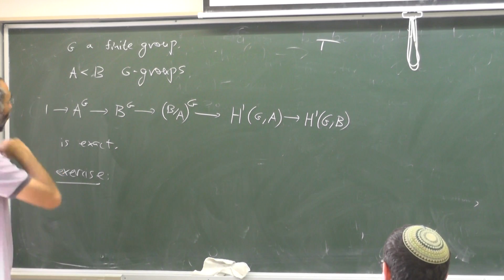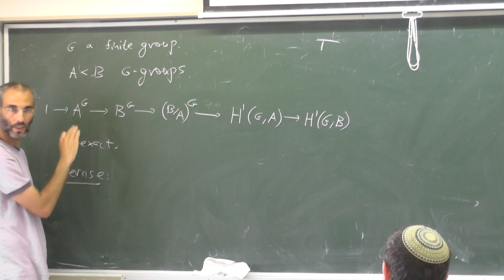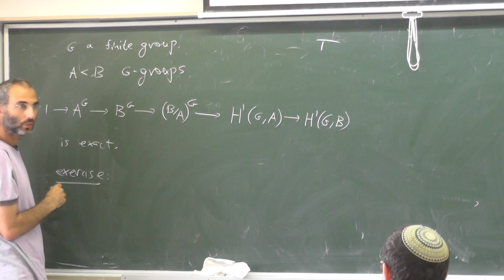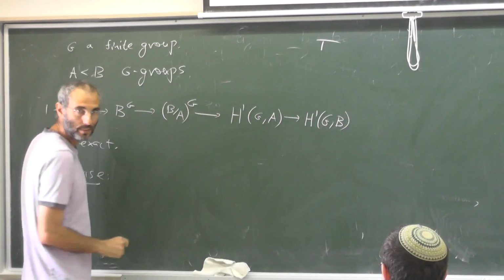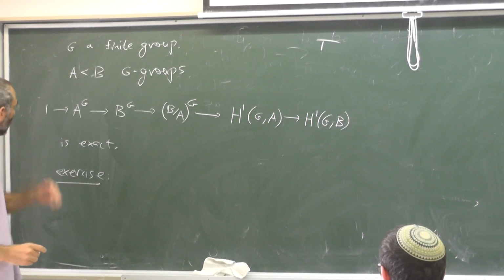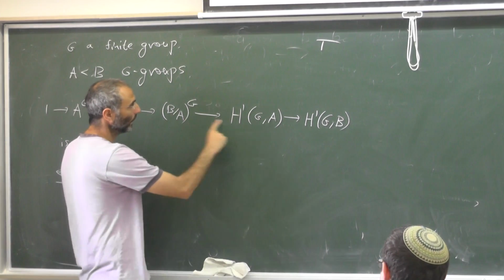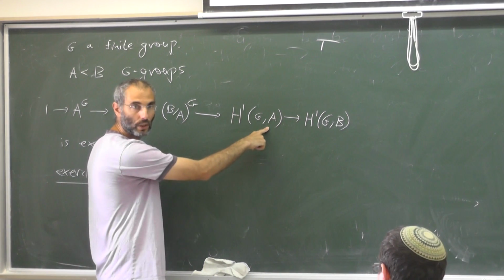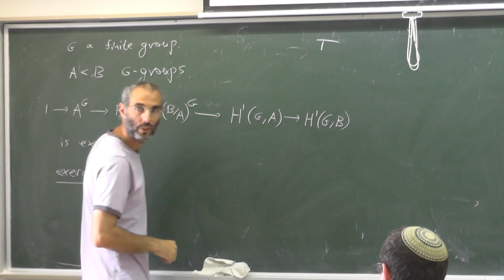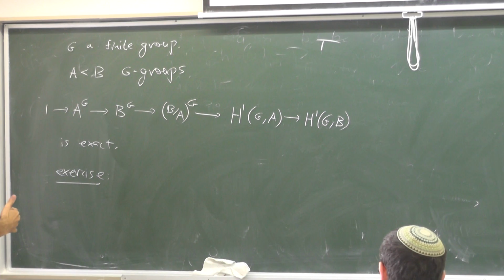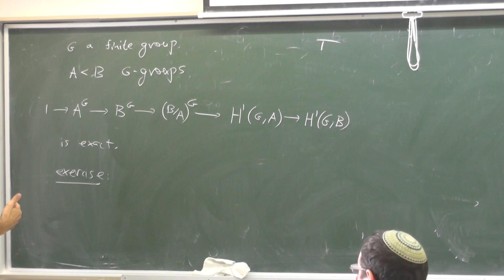And exactness, when I say exact, is in the non-abelian way. So all those guys are pointed sets. The special points here are the identity, the concept of A, and the natural A action on itself, the natural B action on itself, etc. A kernel of a map is a pre-image of the special point.